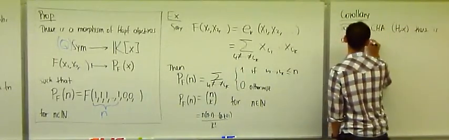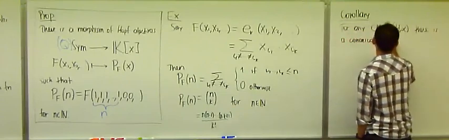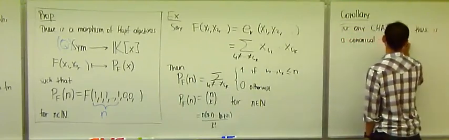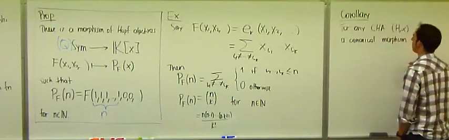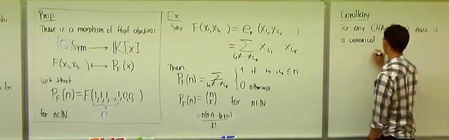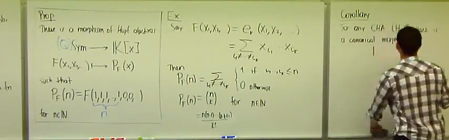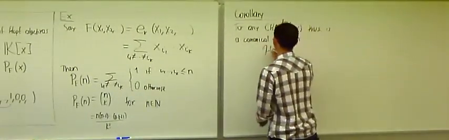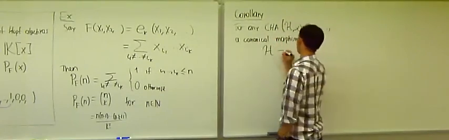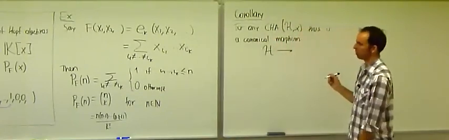This is supposed to be a Hopf algebra, so I've been using this H for the Hopf algebra. So you have a morphism from H to polynomials.